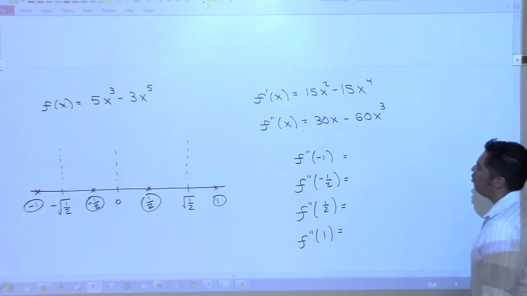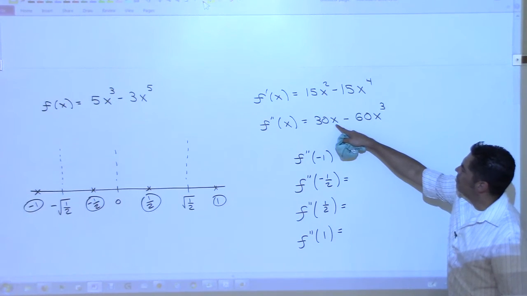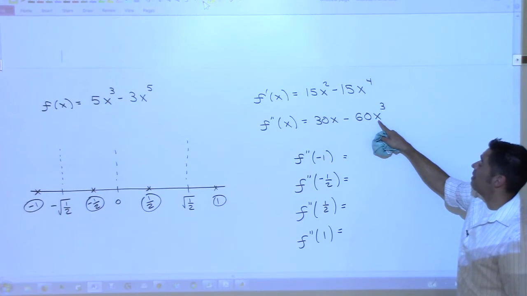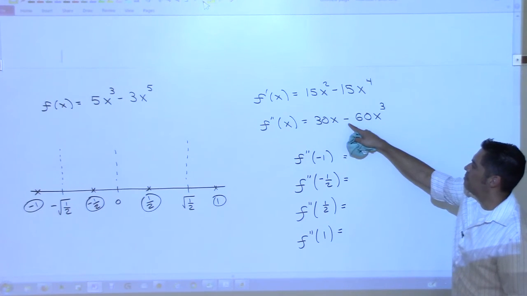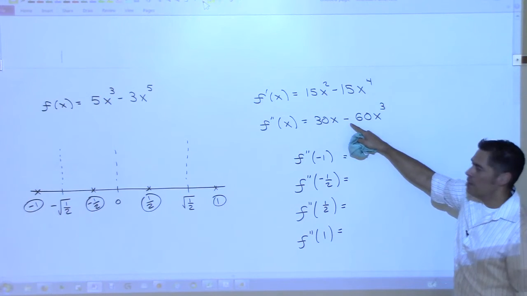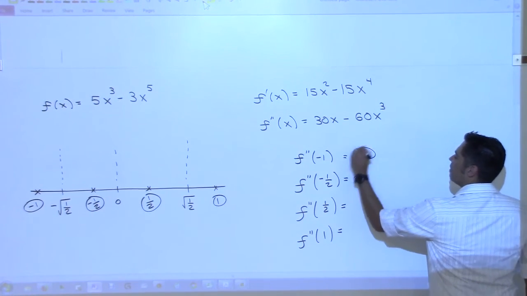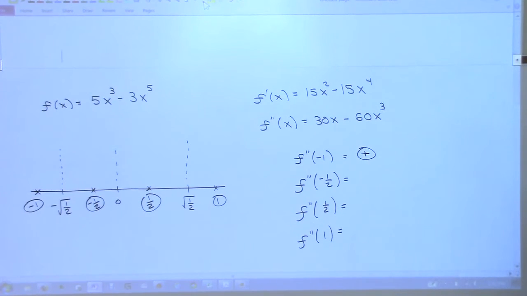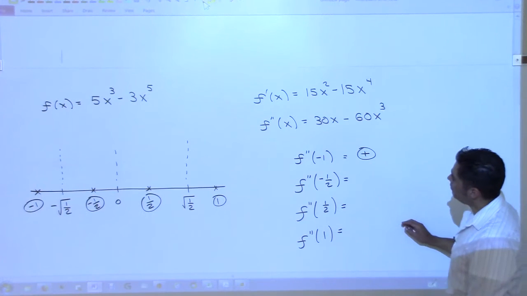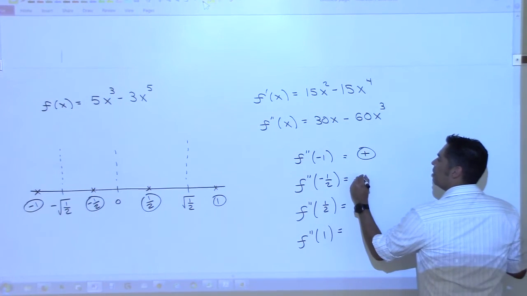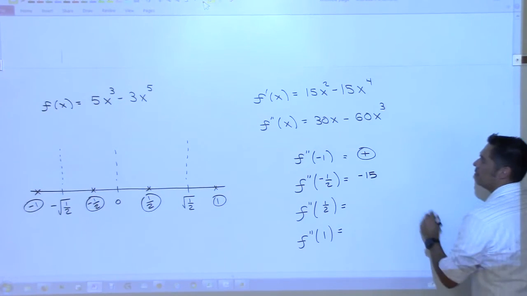All right, so negative 1 in here, what do we get? Negative 30, right? Yep. And then you're going to have negative 1 cubed is still negative 1, and then times 60, and then subtract it. So that's going to be a plus, isn't it? So negative 30 plus 60, it's a positive number. That's all I care about, right? Now let's do 1/2. Or sorry, negative 1/2. We go negative 1/2 in here. Let's go ahead and do it. It's negative 15, right?